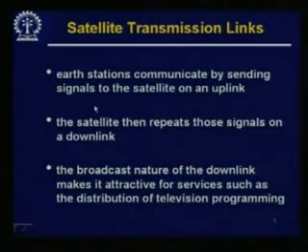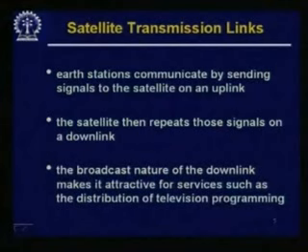Earth stations, or base stations on the ground, communicate with the satellite on an uplink. The satellite then repeats these signals on a downlink. The broadcast nature of the downlink makes it attractive for services such as distribution of television programming. We all know that many of our television channels, unless they come through some cable, come from some satellite.